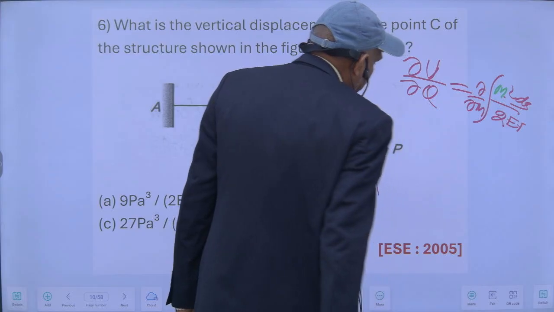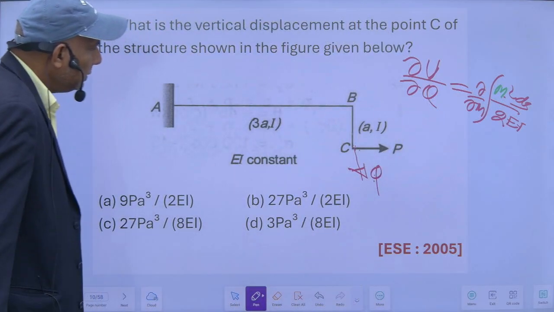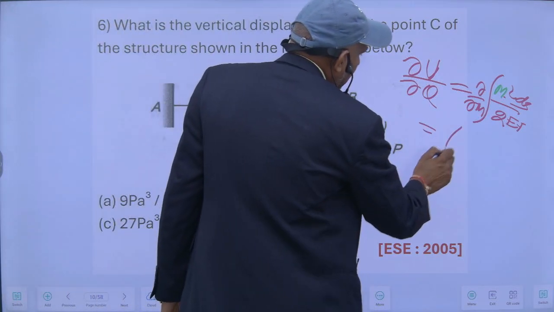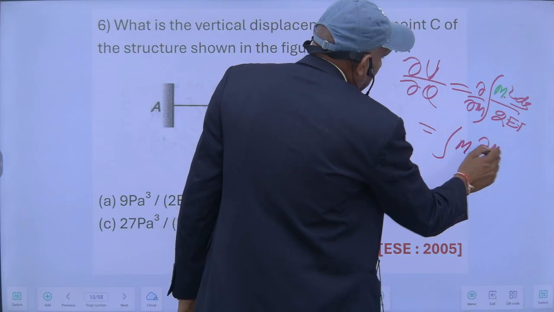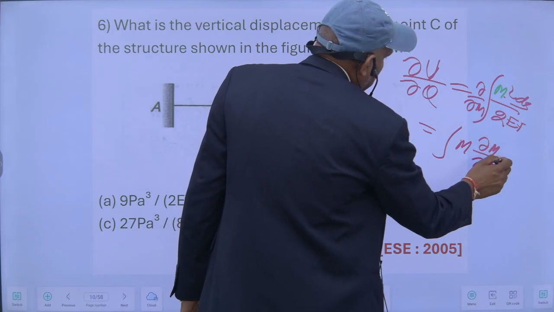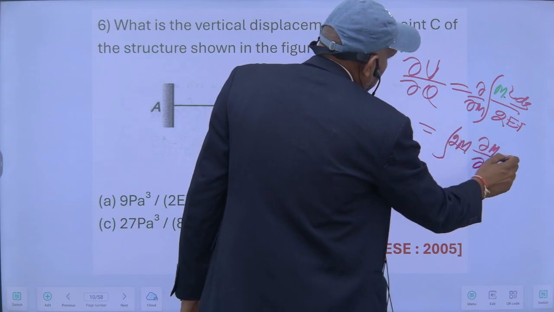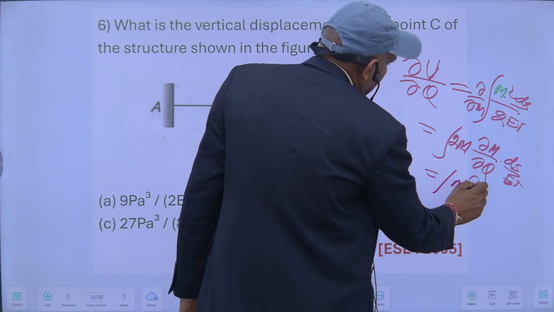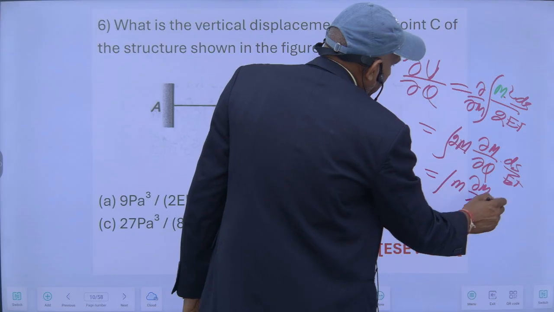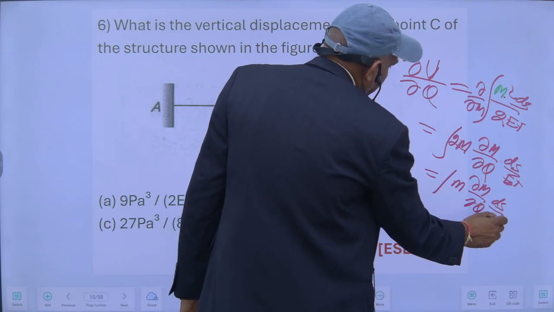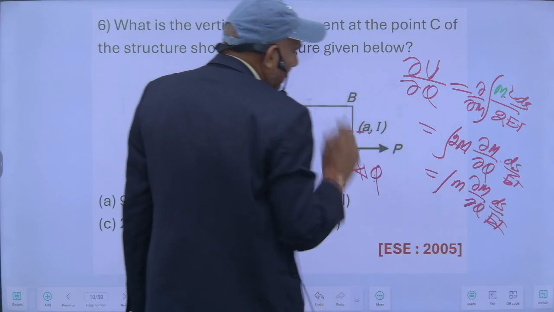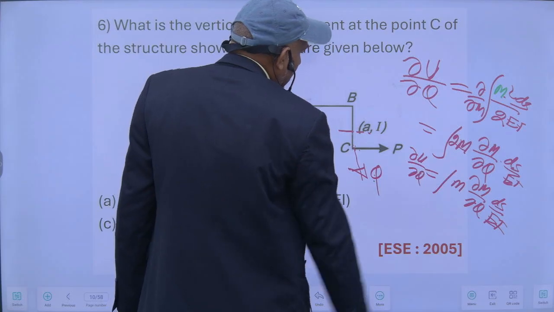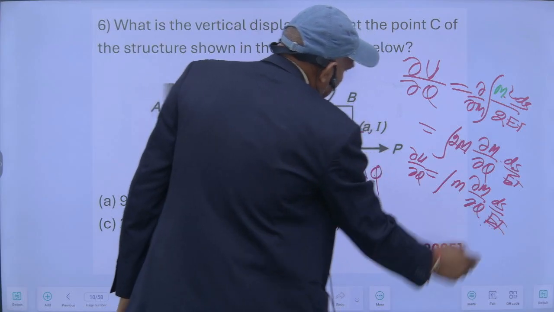So this will be M into delta M upon delta Q into ds upon EI. This will give the deflection at this point, and I will put the value of Q equal to 0.